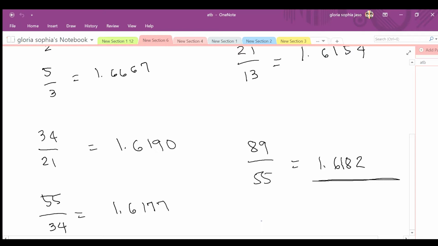So, pag tinuloy-tuloy natin to class, lumalapit lang daw yung ratio niya sa number na to, which is equivalent sa constant ratio natin na golden ratio. Okay?